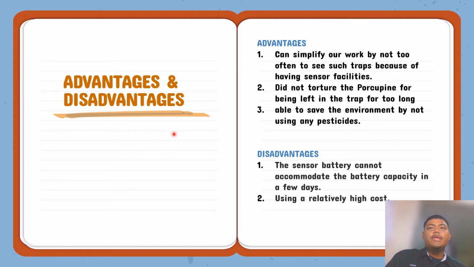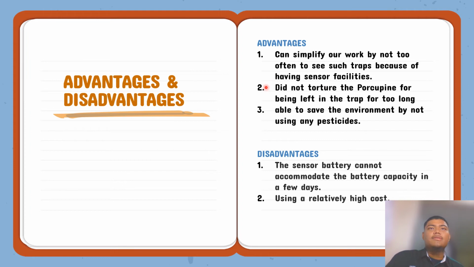Alright, every technology has its pros and cons, same as my gadget or my technology. The advantages are, firstly, it can simplify our work by not having to check the trap too often because of the sensor facilities.